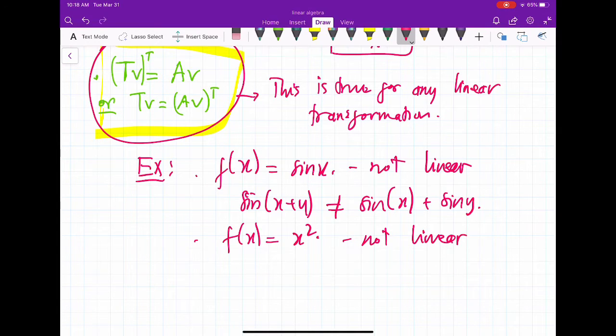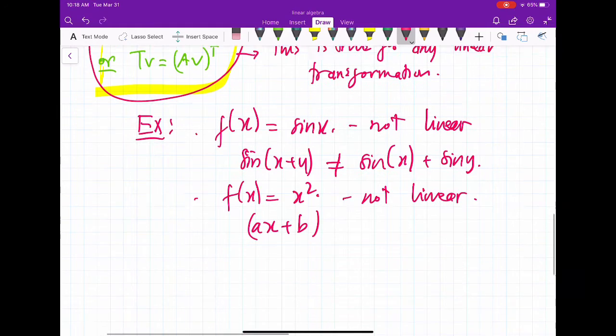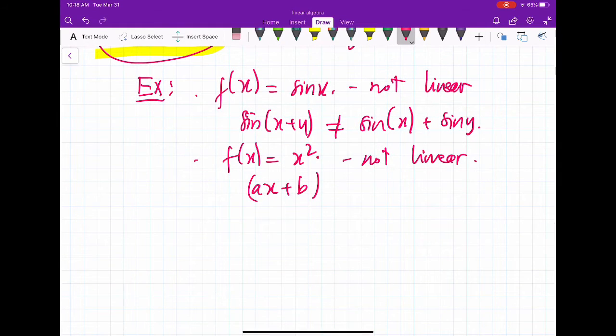We know that. The linear case is only ax plus b. Right? So that is really important. Okay. Given that we have only linear functions in here, but actually they are really important.